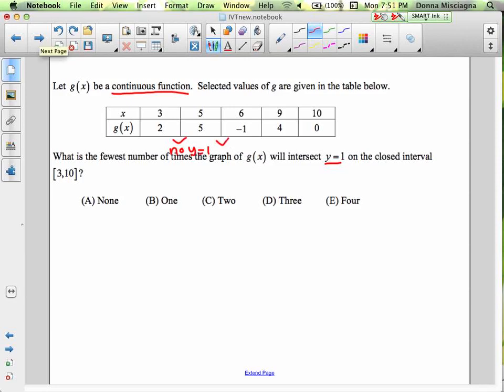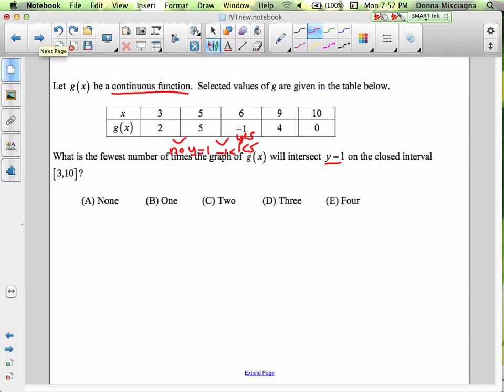Oh, but here you go between 5 and negative 1. So yes, right? We do have 1 is in between negative 1 and 5 there. So there's 1. All right, so this one was a no. This one is a yes.